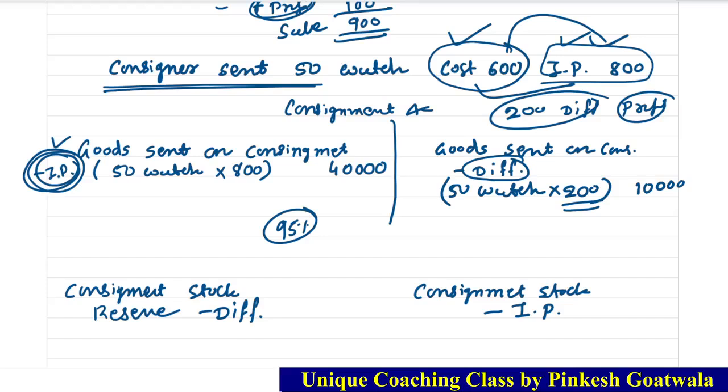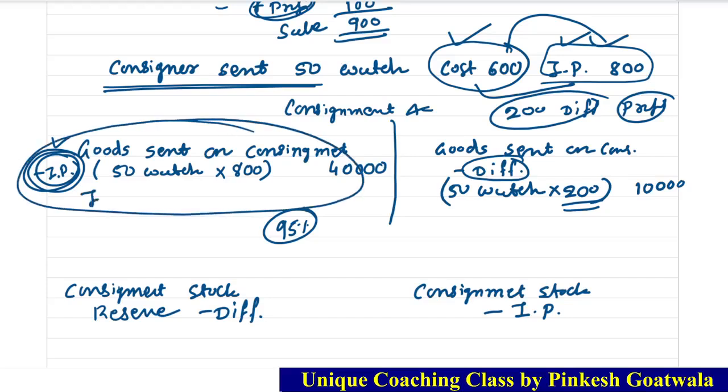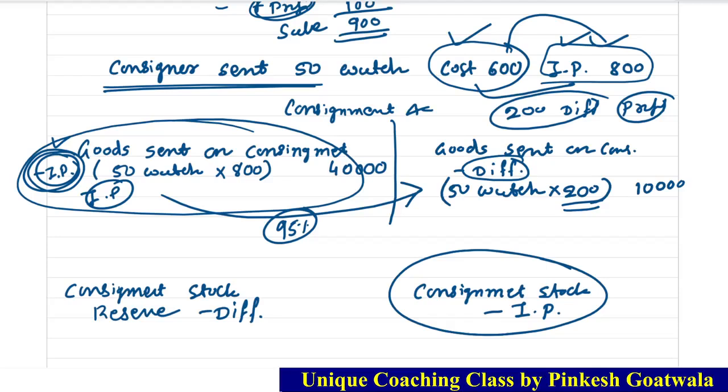So where will its effect fall? Effect falls in two places. First, goods sent: here we show the invoice price and on this side we write the difference. Second, consignment stock: normally we show it on the credit side, so on the debit side we show its difference amount. Clear? So remember its effect.